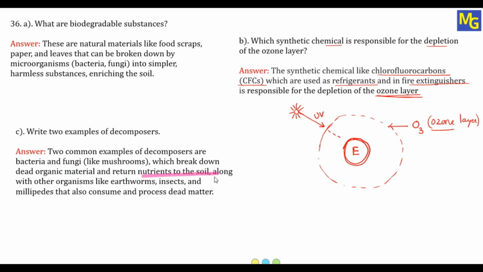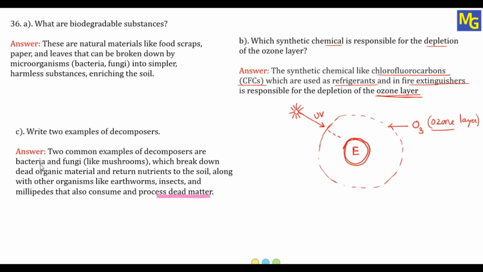Whenever any animal dies or some waste, especially biological waste, is thrown into the soil, all of it will be decomposed. Why? Because microorganisms like fungi and bacteria will grow on that. They will eat all the waste, meaning they convert those big materials into smaller materials and mix them into the soil. There are some other organisms like earthworms, insects, and millipedes that also consume and process dead matter.